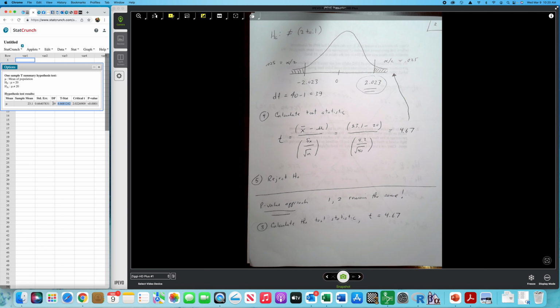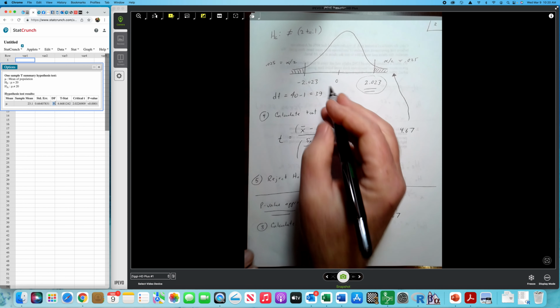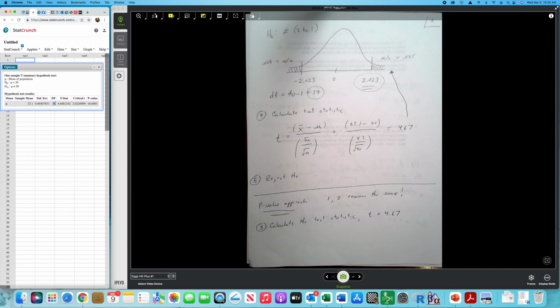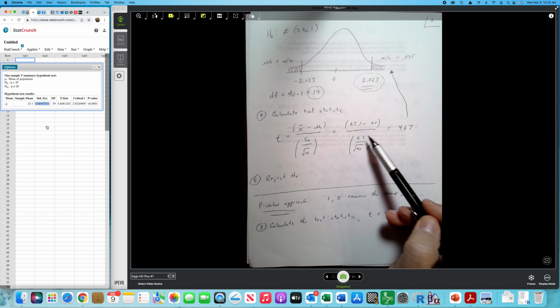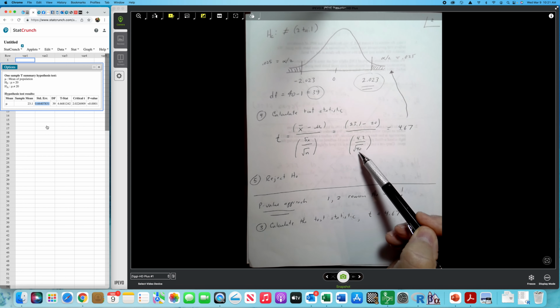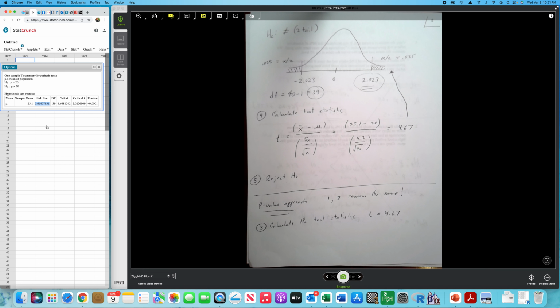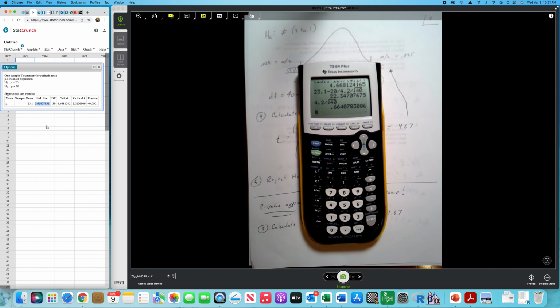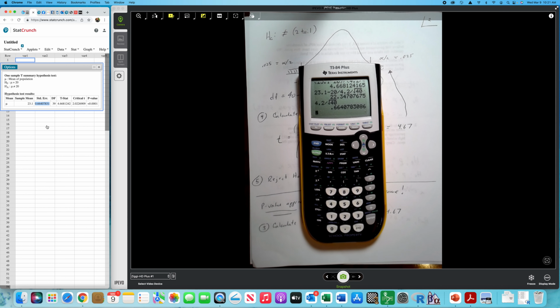My degrees of freedom of 39, which I needed to calculate the critical value and the p-value. My standard error 0.6604, so on. If I were to take 4.2 divided by the square root of 40, let me just do that. It's not going to take, but just illustrate it. I'm going to get 0.66407, which is reported there.